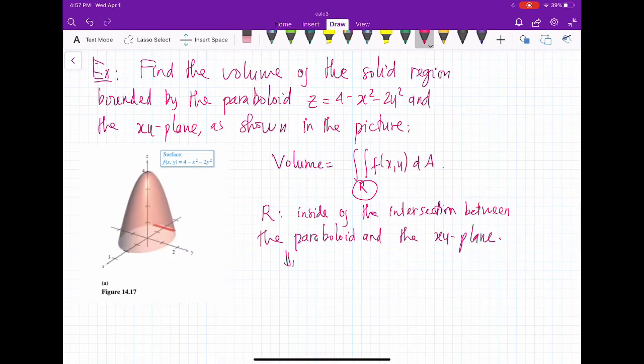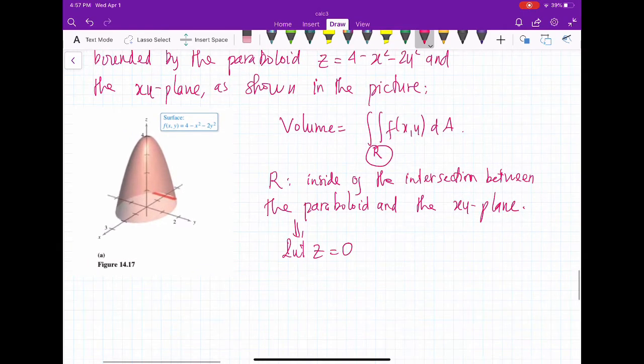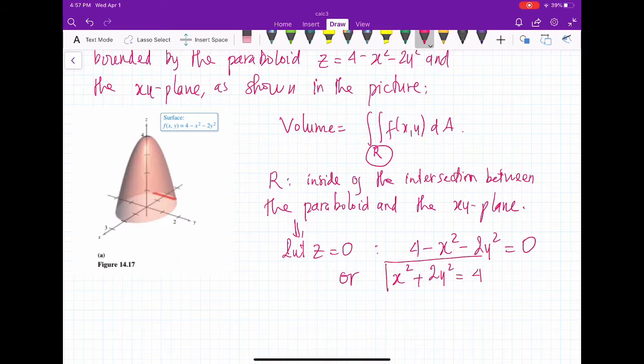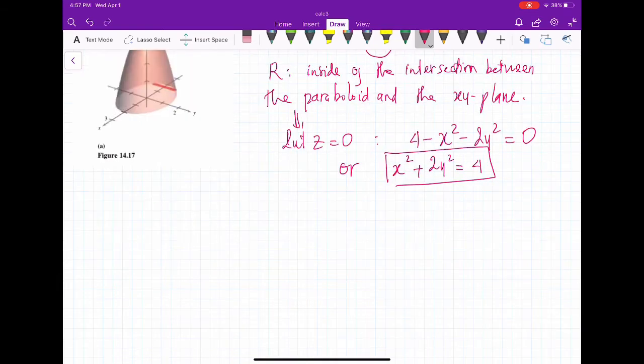So in order to find that, you just put z equal to 0, okay? So from the equation I have, that is 4 minus x squared minus 2y squared equal to 0, or that is x squared plus 2y squared equal to 4. So you might think, yeah, that is an ellipse, right? That is an ellipse.